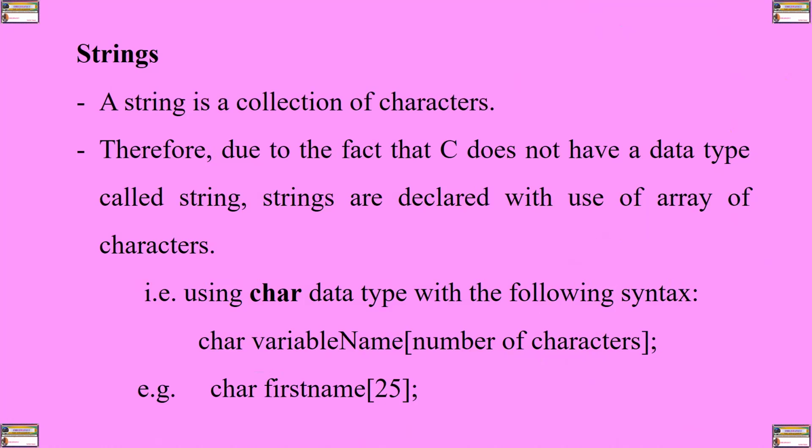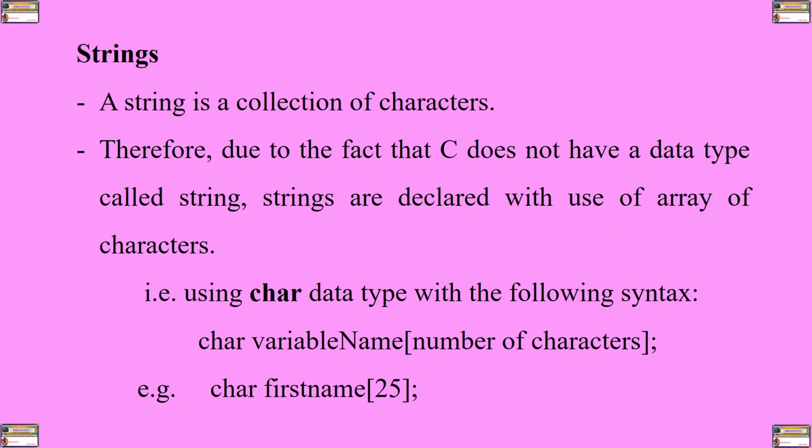For example, if you want to request the compiler to set memory location assigned to store a name which does not exceed 25 characters, like first name, then declare it as follows. Tell the compiler to set memory location assigned for holding data of type char, that is character.